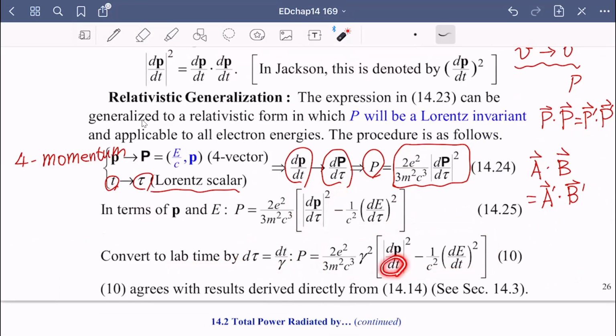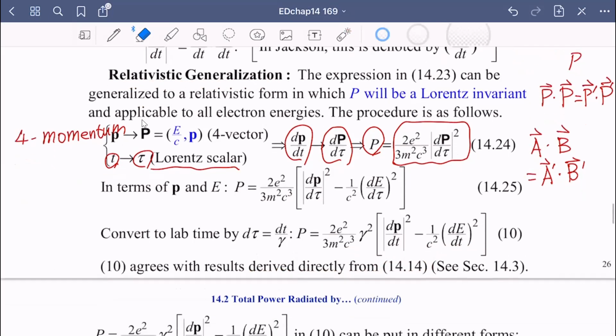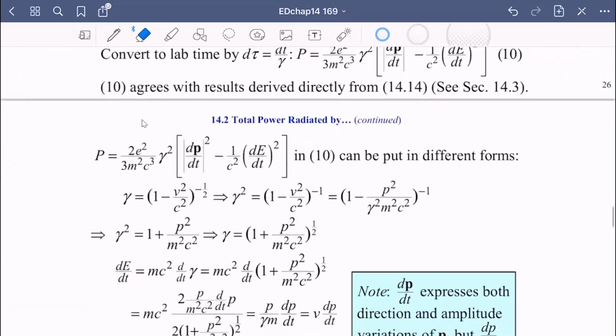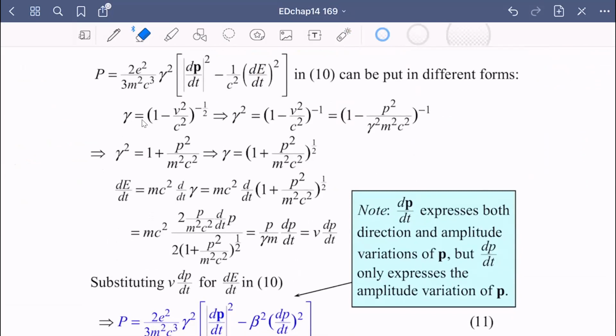So in terms of t, equation 10 agrees with the result derived directly from equation 14.14. So you have two choices. You can derive this equation from the very beginning, or you just use the relativistic generalization. 狭义相对论的广义化。So it's not general relativity.